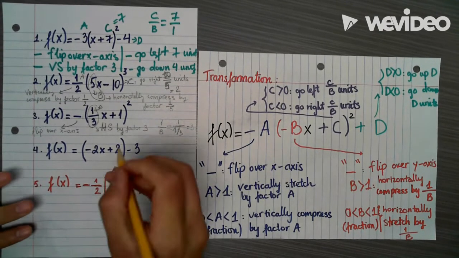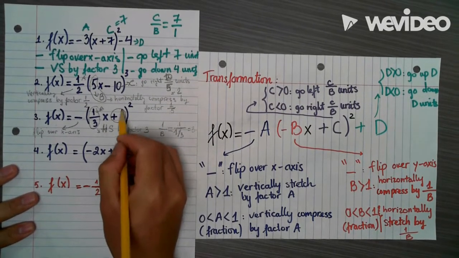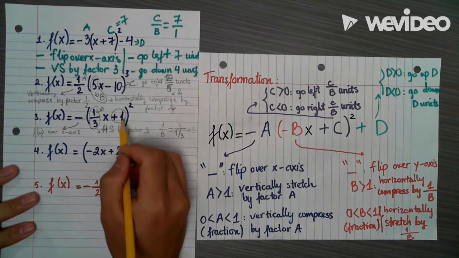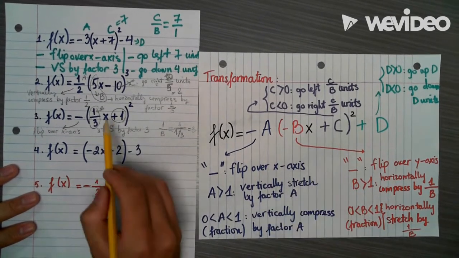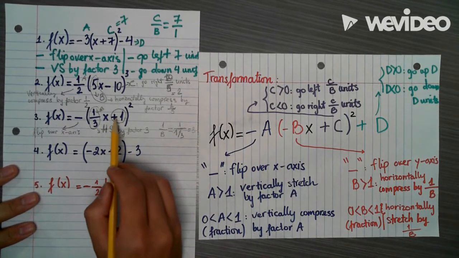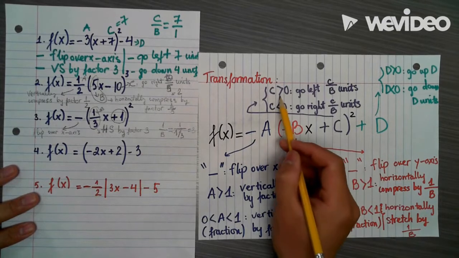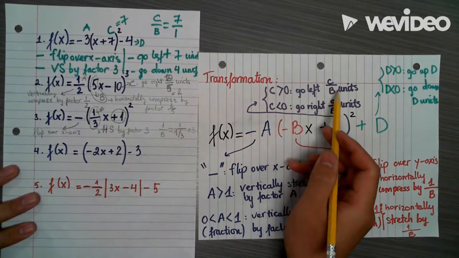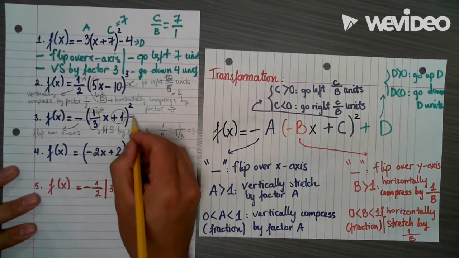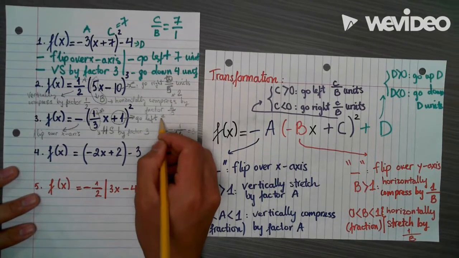All right. Now the next one is plus 1. And as you can see, plus 1 is inside the parentheses. So it would be C here, and plus 1 is C bigger than 0. So it will go left C over B, right? So this guy here goes left C over B unit.